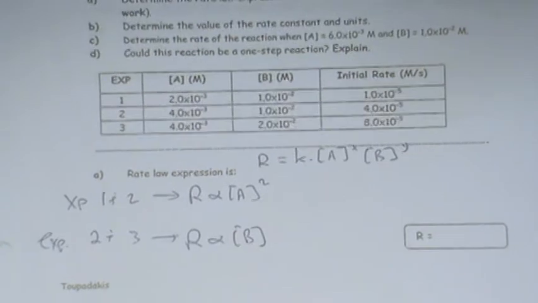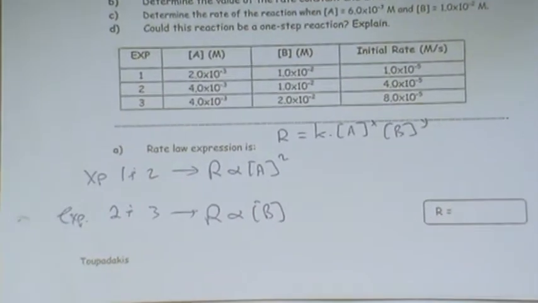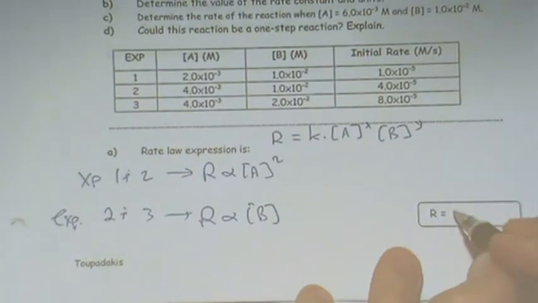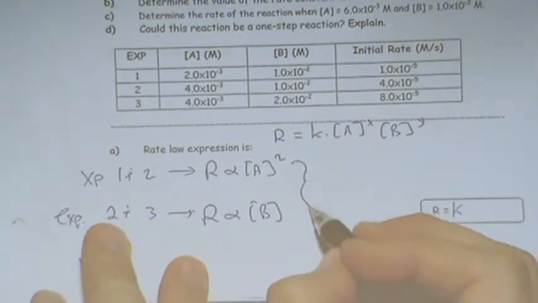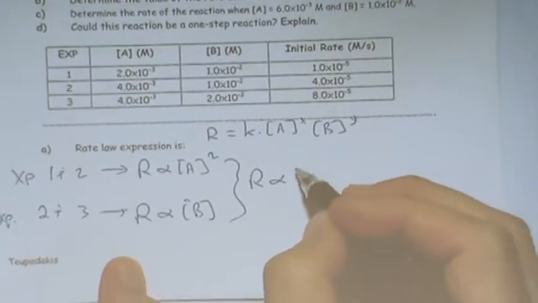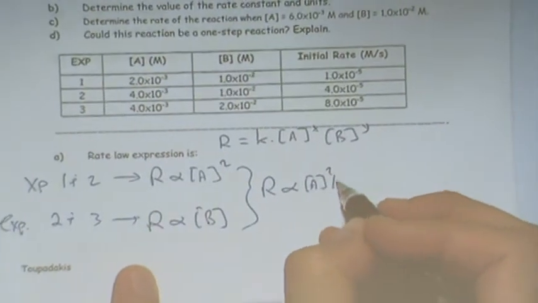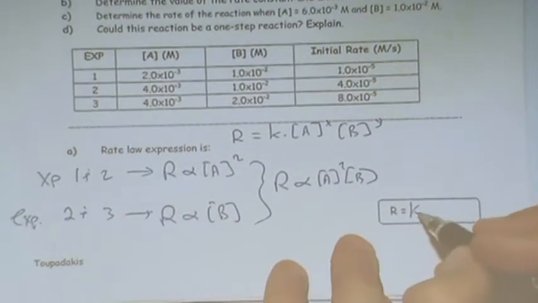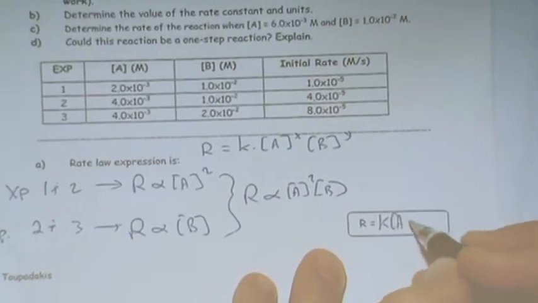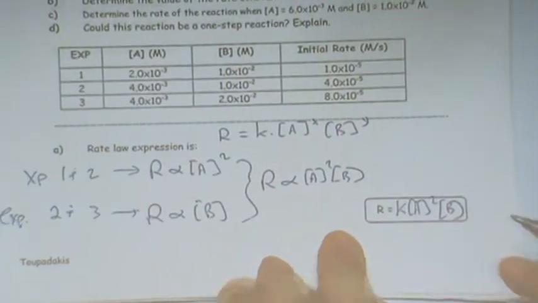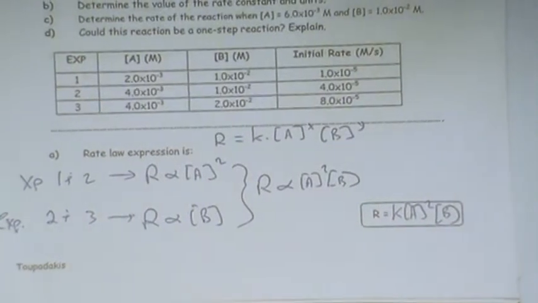Okay, now we can say that from these 2, the rate is proportional to A squared times B, and therefore, when you make it an equality, the rate will be k times A squared times B. You agree with that? Okay, we know the rate law then.